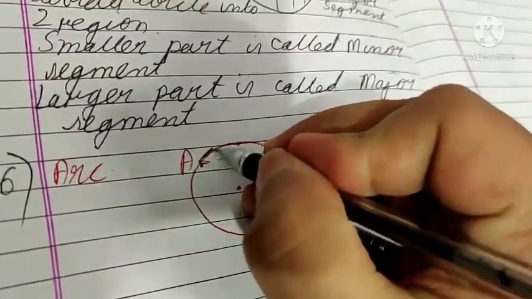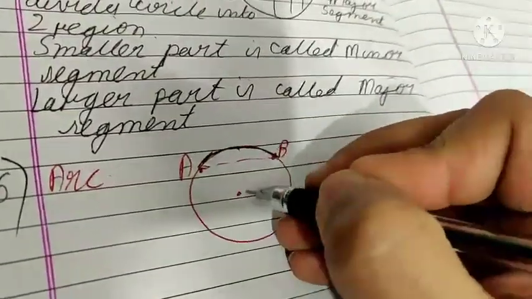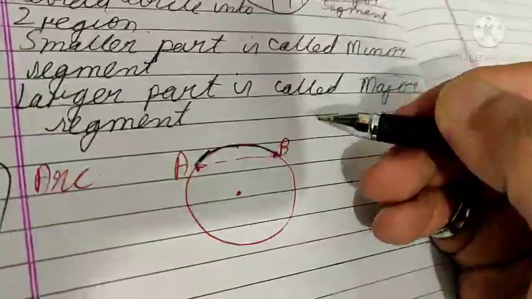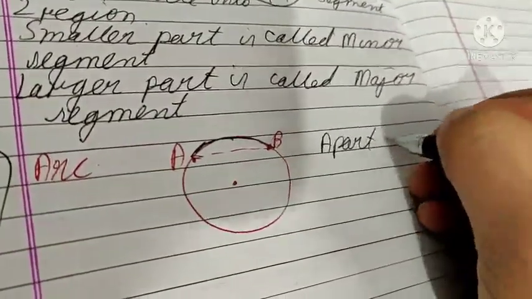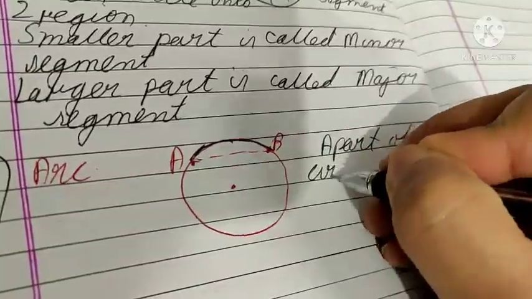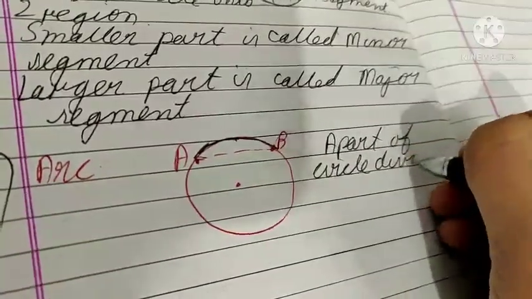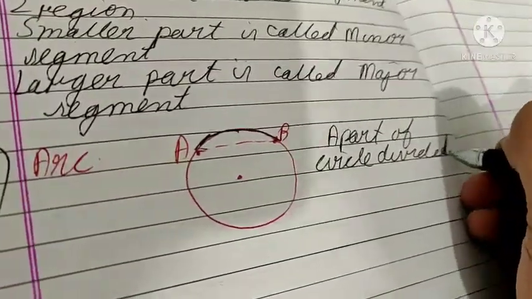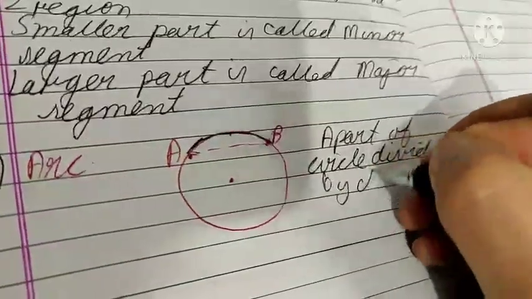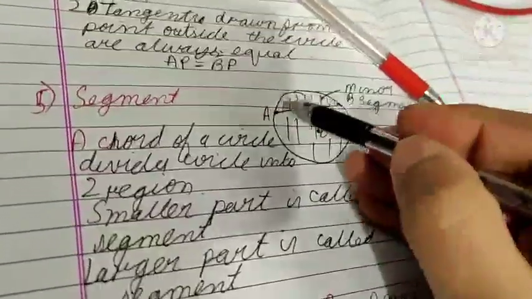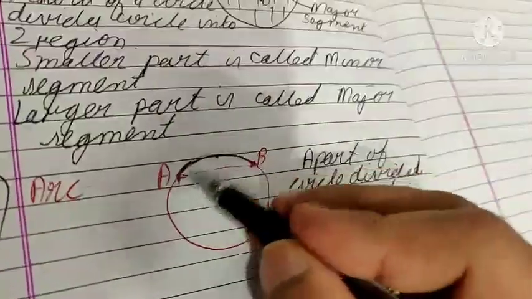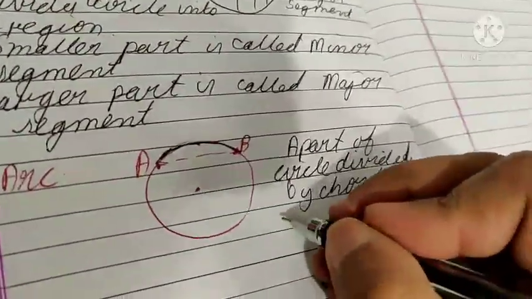This is an arc, a part of the circle divided by the chord. It means this is the boundary of the circle. In a segment, that was the area enclosed by the chord, and here it is the boundary enclosed by the chord. So it is an arc.